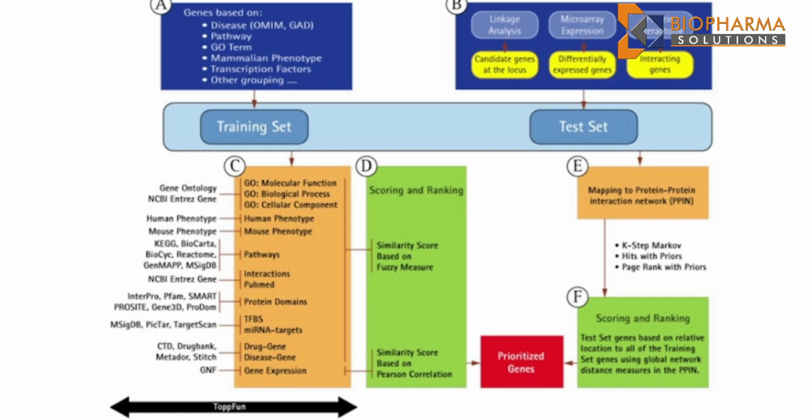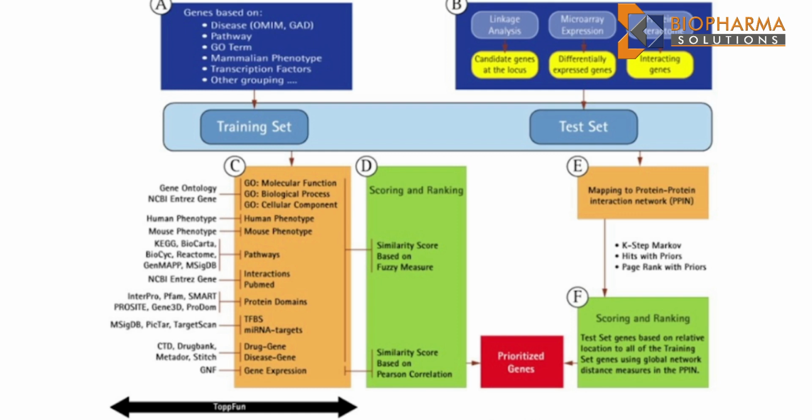Then you may think of the pathway connected with it, like metabolism or something related to it. Then you may think of GO terms. GO terms means gene ontology terms, which we are going to see in detail here. Then suppose you need to think of some phenotypes like mammalian phenotype. Whatever could be considered for picking up the training set, you may do.